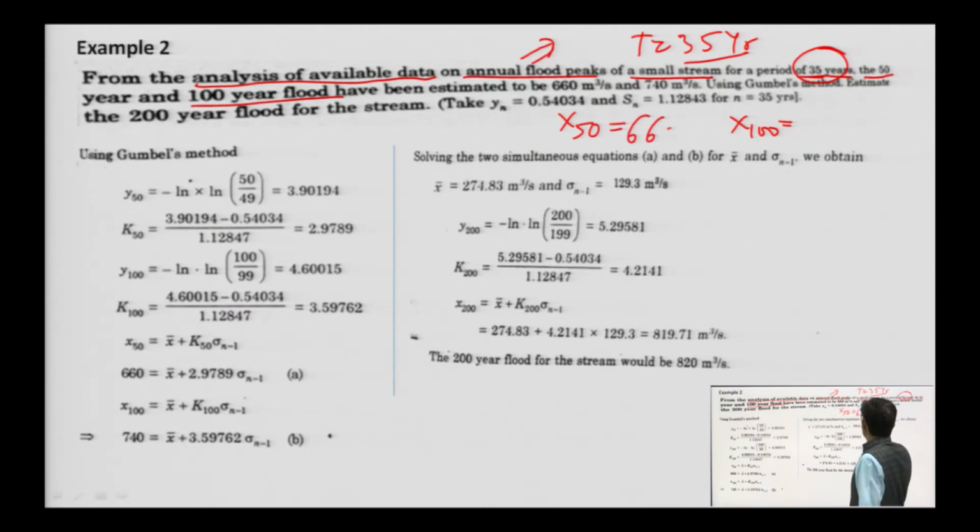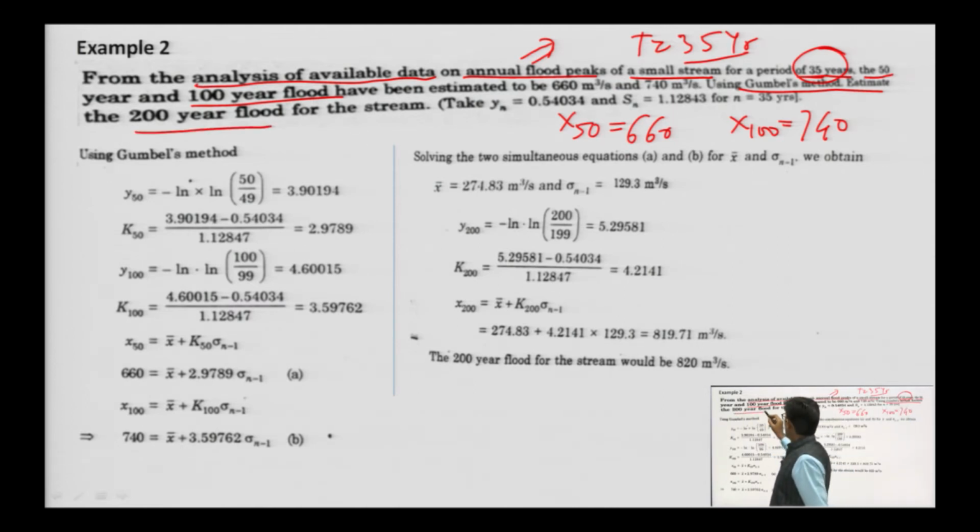It is 660 Qmax and 740 Qmax. Using Gumbel's method, estimate the 200 year flood, which means we need to find x 200.